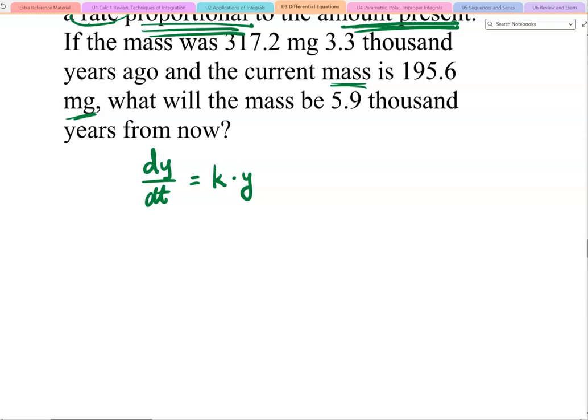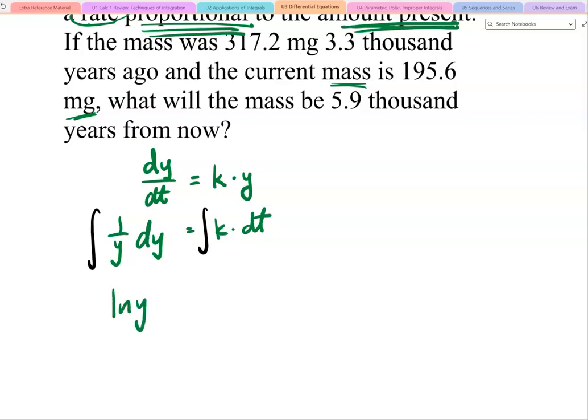So we can go through the same process. 1 over y dy will be equal to k dt. And when we integrate both sides of the equation, we're going to be left with a natural log of y is equal to kt plus some constant.